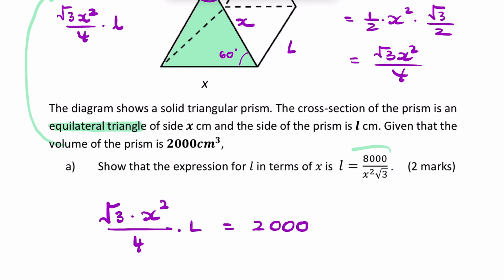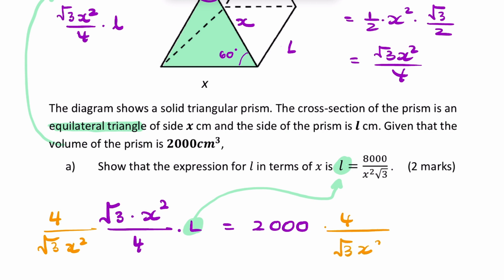And we need to rearrange that in order to find L. To rearrange, you would multiply both sides by 4 and divide both sides by root 3 x squared. We do that so that this 4 would cancel with that 4, and these would cancel, and we're left with L equals.